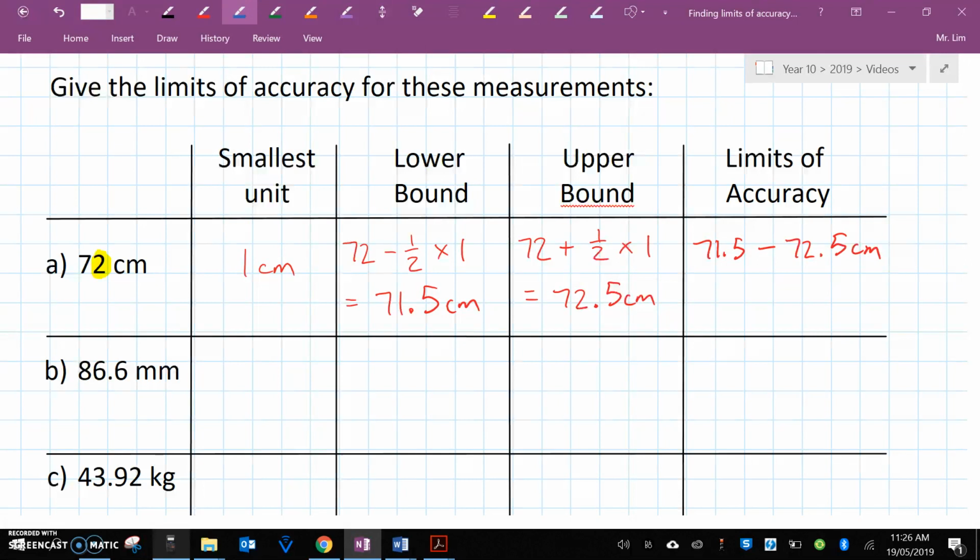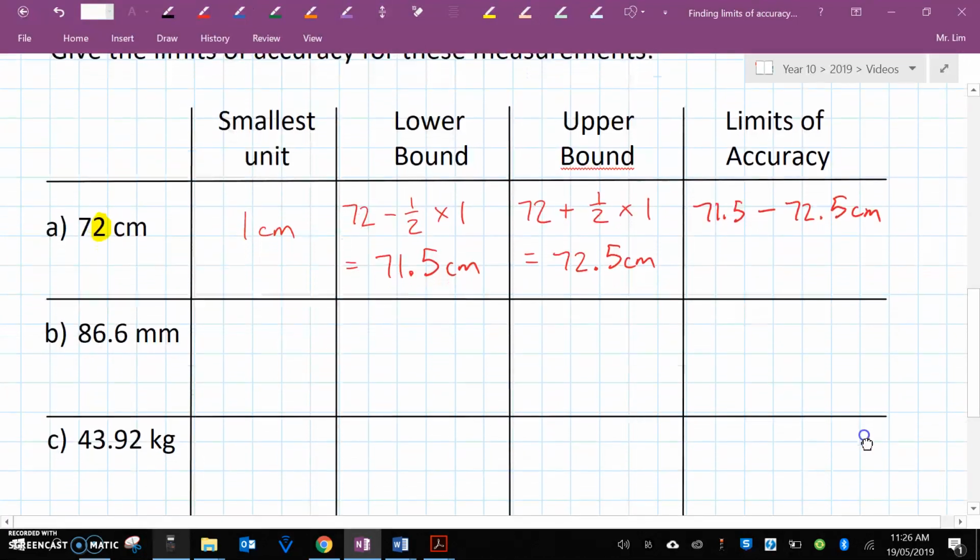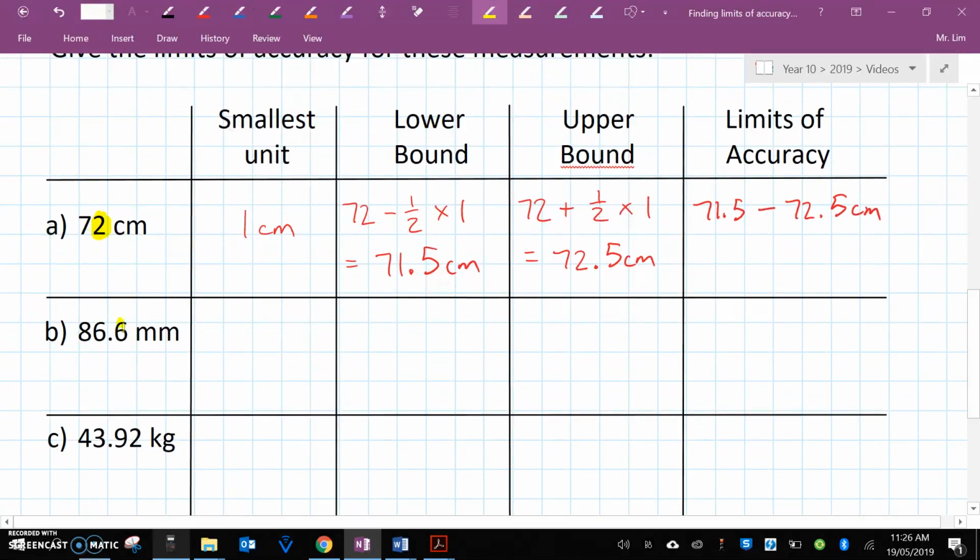In question B, we have 86.6 millimeters. So we're going to look at the last digit, turn that into a 1. That means all the other numbers become 0. So technically, the smallest unit is 0.1 millimeters.